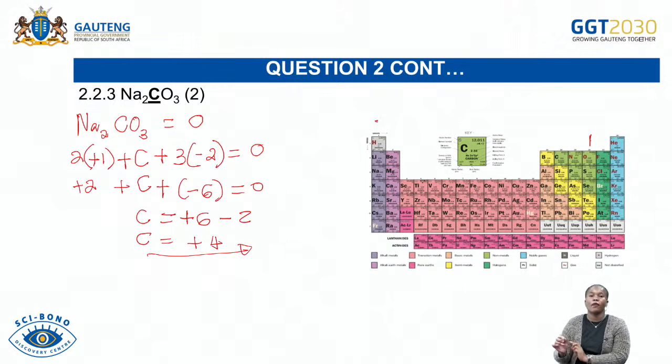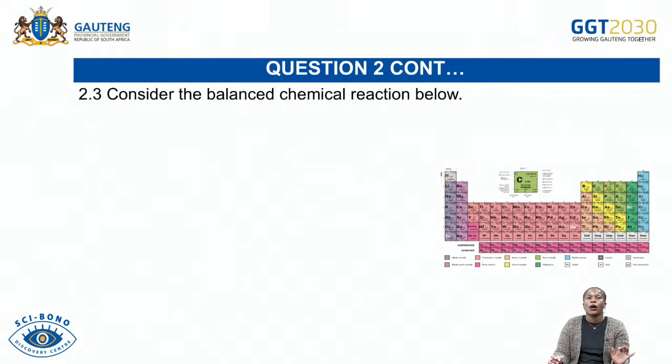Therefore, the oxidation number for carbon in Na2CO3 is +4. So this is just learning how to assign the oxidation number. Now let's move along.